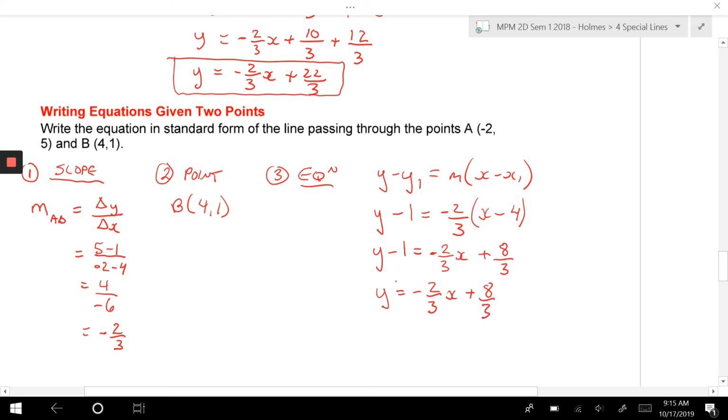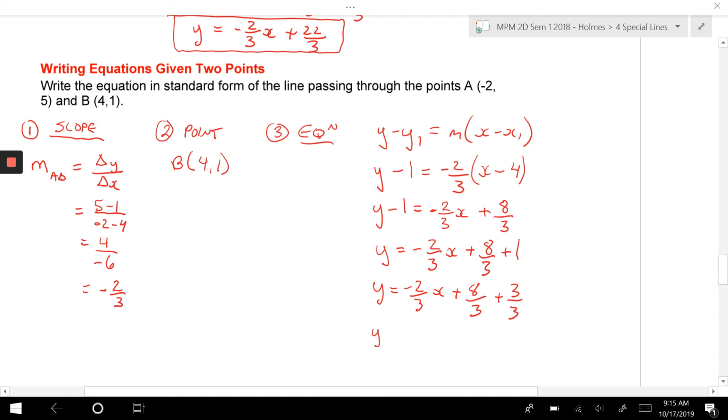So I added 1 on the left to get rid of it, and I need to add 1 on the right. And again, I need to get a common denominator. So y equals minus 2/3 x plus 8 over 3. Multiply 1 by 3 over 3, and 3 over 3 is just 1. Y equals minus 2 thirds x plus 8 plus 3, which is 11 over 3.